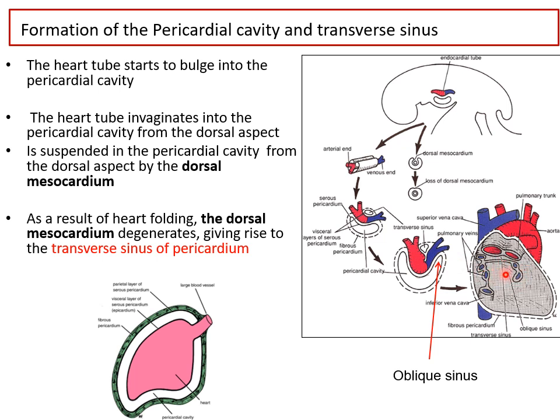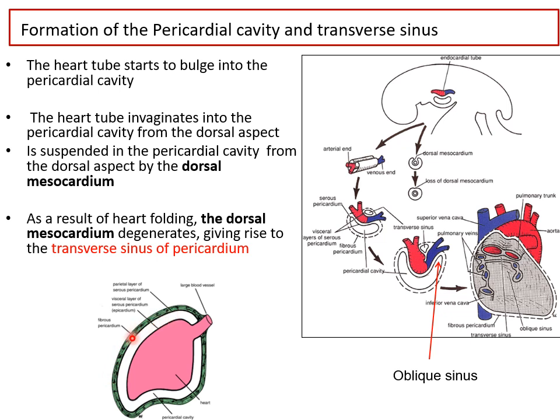Okay, so this is the place of the oblique sinus, and transverse sinus will be here between the great vessels. Okay, so in short, how does the transverse sinus develop? It develops by the degeneration of the dorsal mesocardium, and then you have as if the heart is suspended like this between the various layers of pericardium.